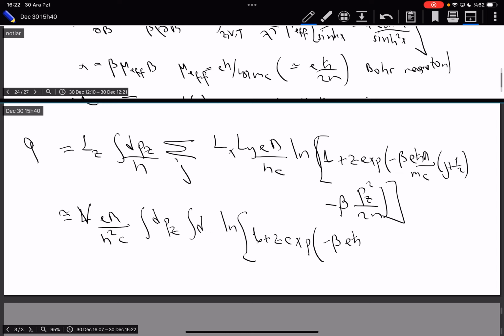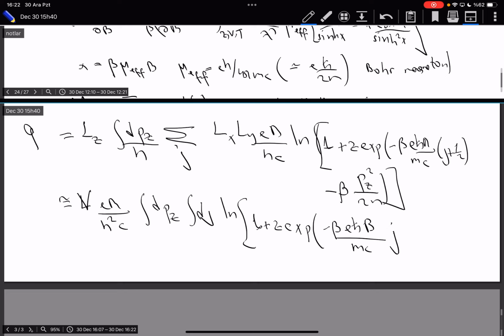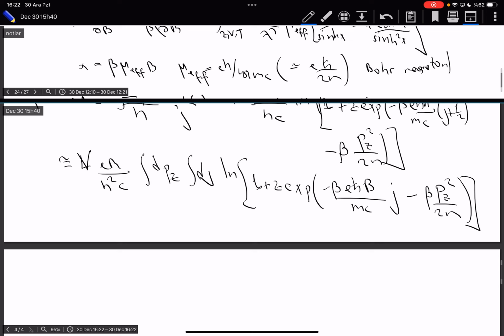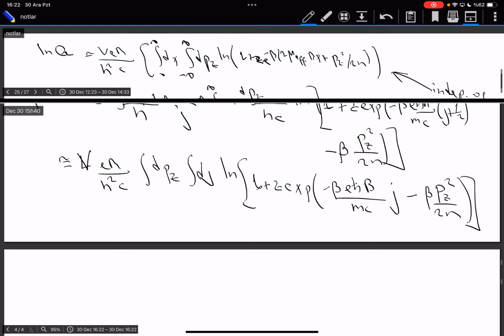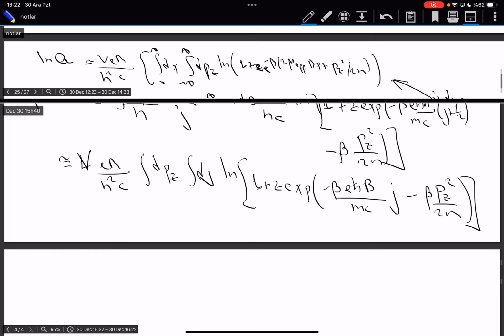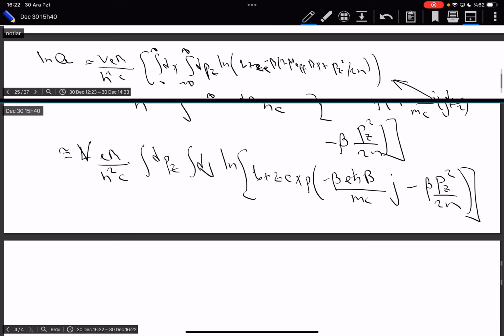Let me call that J. I'm integrating over J. Pz goes from minus infinity to infinity, J goes from 0 to infinity.